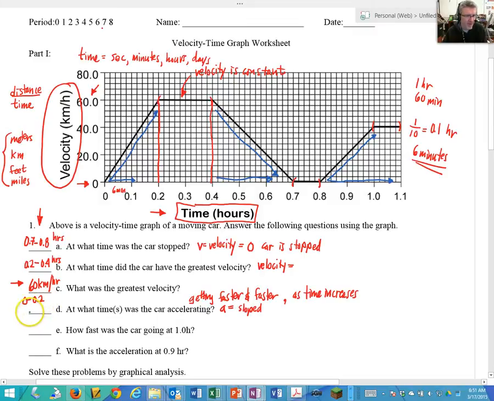And from 0.4 to 0.7, I get that that's decelerating, that's actually going slower, but and then from 0.8 to 1.0, we are actually accelerating again.